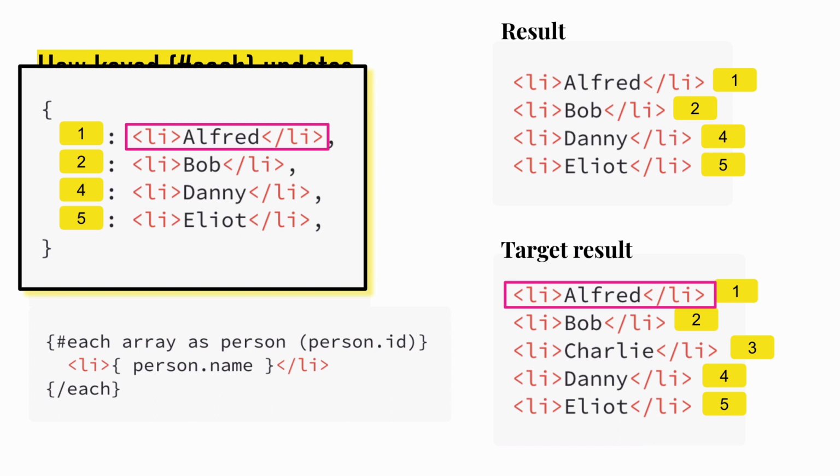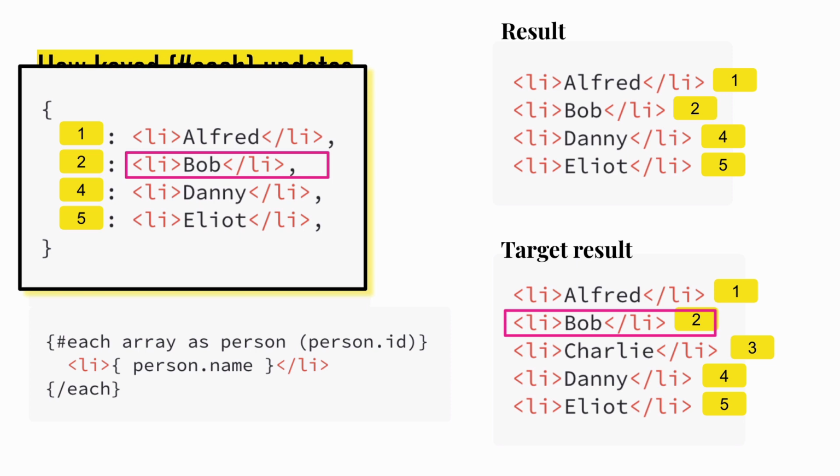We go through, look at the mapping. Okay, mapping 1 has Alfred, right? So the content is the same. Okay, let's move on. So let's look at the second element on the target results. We have Bob, which is the key 2. Let's take a look. Do we have key 2? Yes, we have. And the content is the same, so we don't do anything.